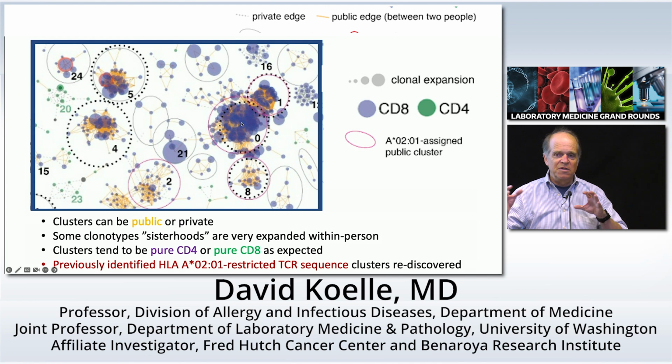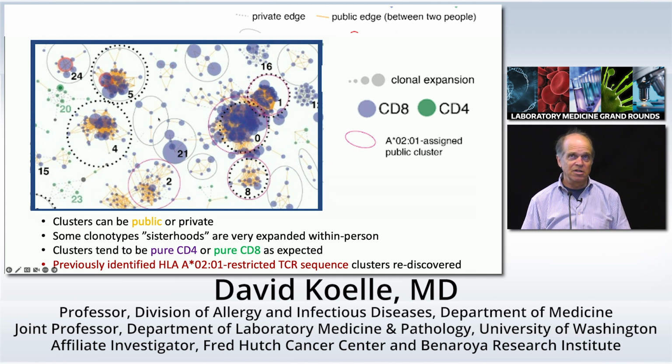The relative position of these clusters to each other doesn't mean anything. They're color-coded by CD4 or CD8, and we would expect a cluster to be either all CD4, like 23 or 20, or all CD8, like 5 and 4. That would be expected biologically, and that largely seems to come true. And actually, prior researchers had found some clusters that were associated with HLA-A2, a common type, and for which the peptide was known, and we found those again.